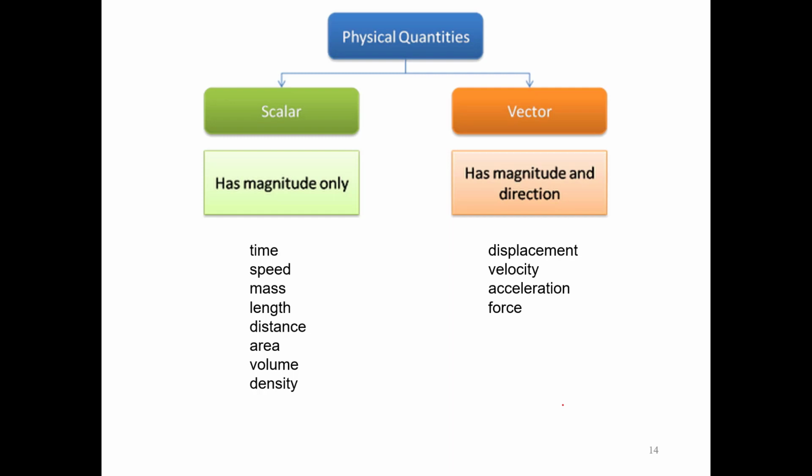For example, if someone tells me, Nora, move 3 meters, then I have to ask in what direction: north, west, to the right, to the left. I need some direction to know exactly what place I have to move to. That is what we call displacement. Then also velocity, and we will see other vector quantities: acceleration and force. We will describe these later.